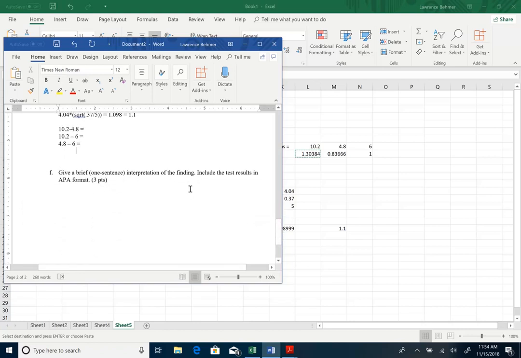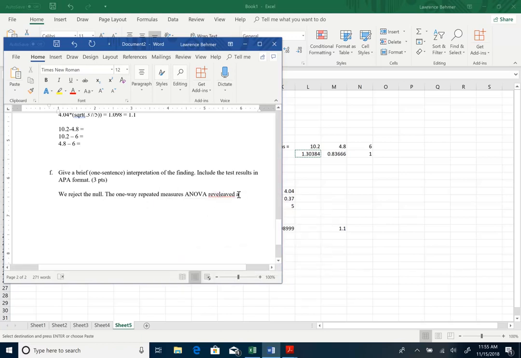All right, so we reject the null. The one-way repeated measures ANOVA revealed, oops, can't spell, you guys know that.